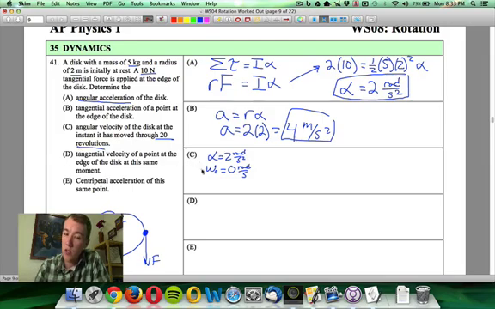I don't want revolutions, I want that in radians, so my theta here is going to be 20 revolutions times 2 pi. So that's going to be 40 pi radians theta there. And then we're looking for final angular velocity. So I know from my rotational kinematics that this is the easiest equation to use.